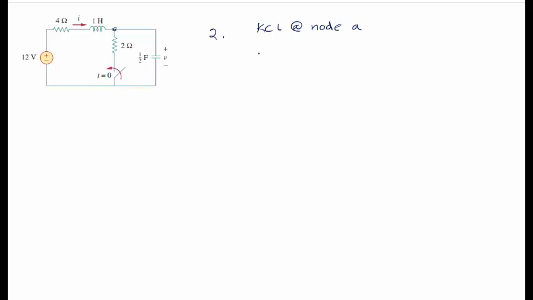And so I get I, just like I did before, is this I equals this I plus this I, in the resistor plus I in the capacitor. But now I'm not putting the initial conditions in it. So I, which is in the inductor, equals V over R, or V over the 2 ohms, plus C dV/dt, which equals V over 2 plus 1/2 dV/dt.